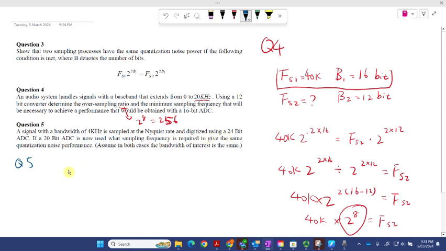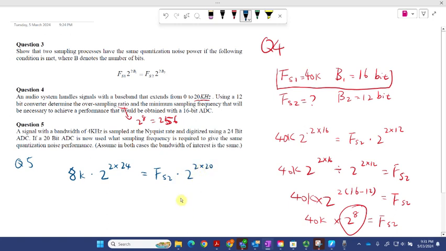This time we have 4 times 2, 8k, that is fs1, multiplied by 2 to the order of 2 times 24. If we now use a 20-bit ADC, what sampling frequency is required to do that? Again, we multiply by 2 to the order of 2 times 20.